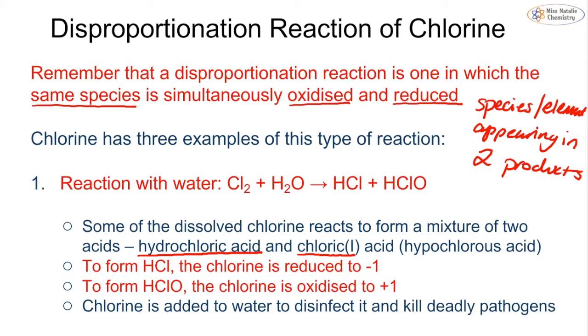Now, to form the HCl, the chlorine is reduced to an oxidation number of -1, and to form the HClO, the chlorine is oxidized to +1. So remember, your oxidation number for chlorine gas is going to be 0, and then we're going to get -1 for the HCl and +1 for the HClO. So a disproportionation where we get both the oxidation and reduction happening.